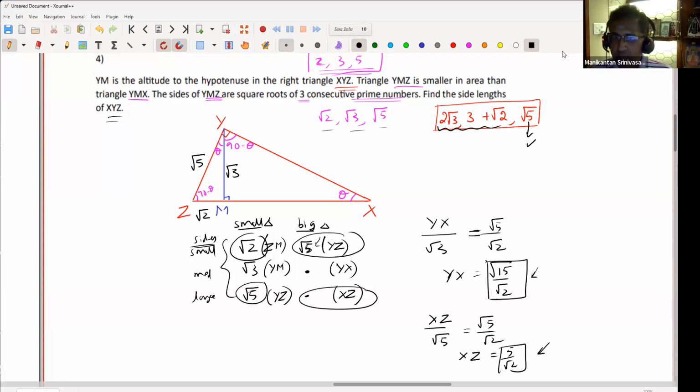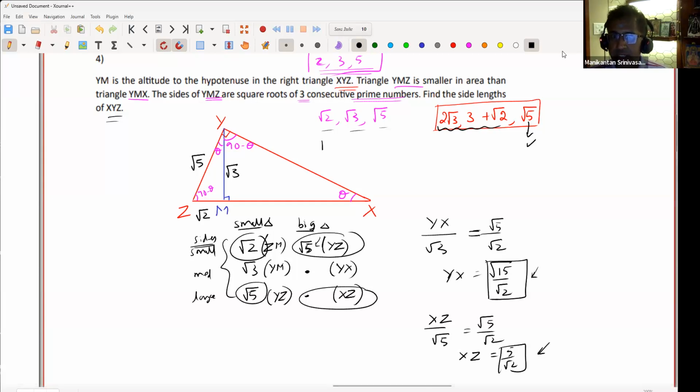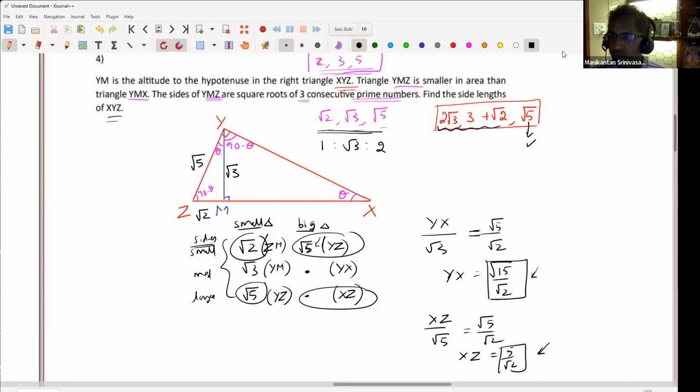In fact, it is not, because if it is 30-60-90, I expect the ratio to be 1 is to root 3 is to 2. I know the ratio is root 2 is to root 3 is to root 5. That's not the same as 1 is to root 3 is to 2, right? Therefore, it's not 30-60-90. But even if it were, so be it. Let the numbers speak for themselves. So similarity is how you'll be able to find the side lengths.